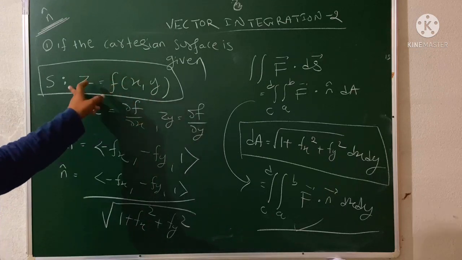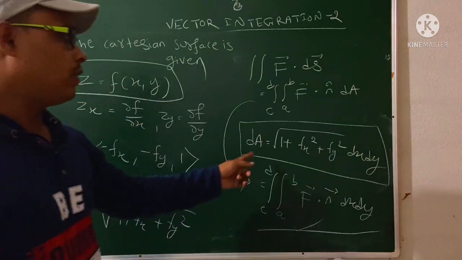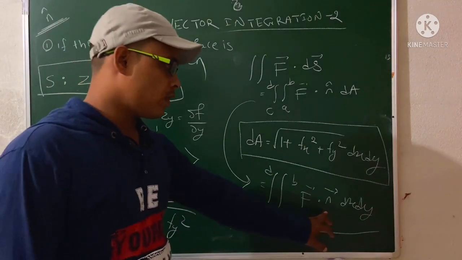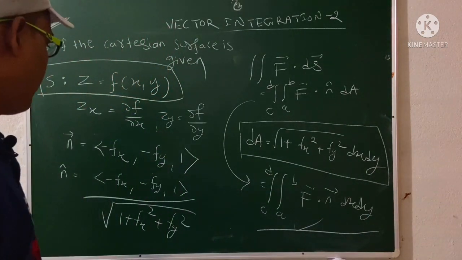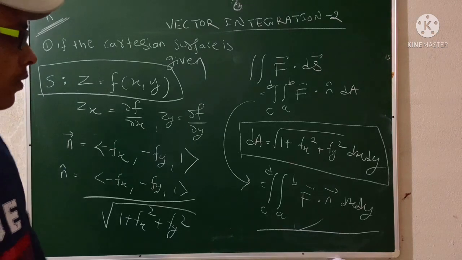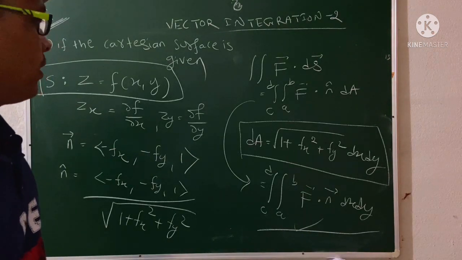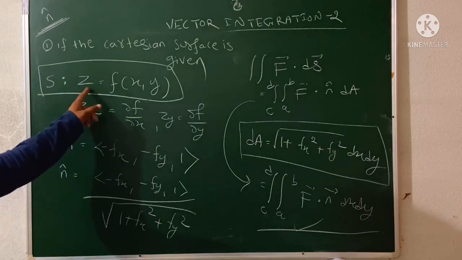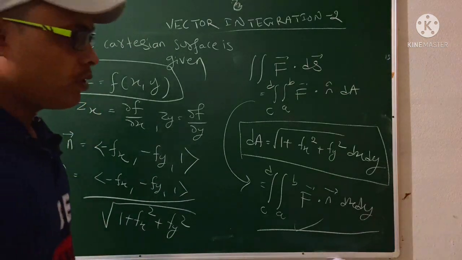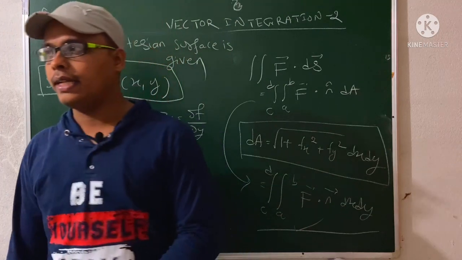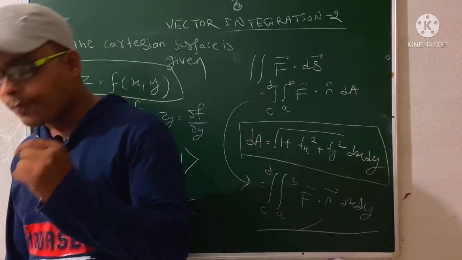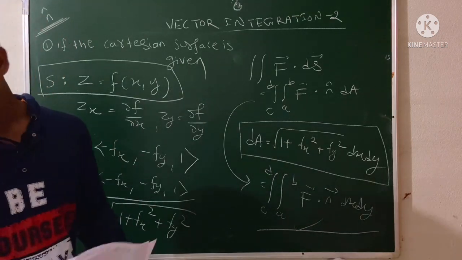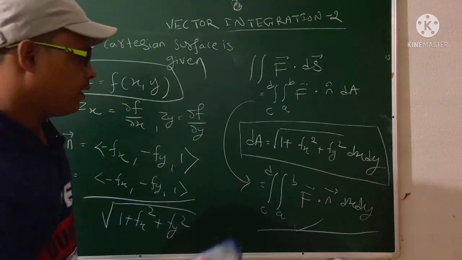If x, y is changing, then z is also changing, then you can find the dA equal to this one. So finally the surface integral will be f vector dot n vector into dx dy. What is the n vector? This is the n vector. You can also find this using the curvilinear coordinate system. But the surface is z equal to f of x, y. If only a plane is given, that means the yz plane is given, then your n cap will be i cap. Try to remember this. So this is different from the plane that we discussed at the start.